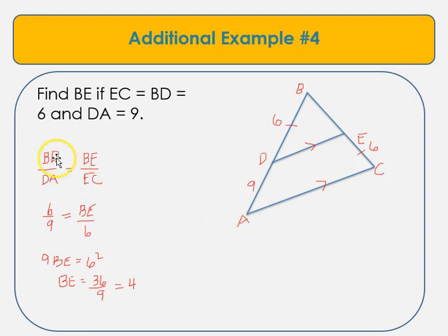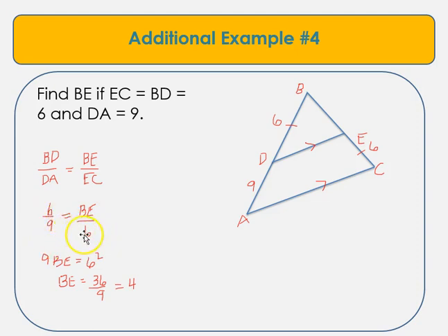So I will set up my proportion, BD over DA, BE over EC. I'll fill in the known values, and we end up with 6 over 9 equals BE over 6.